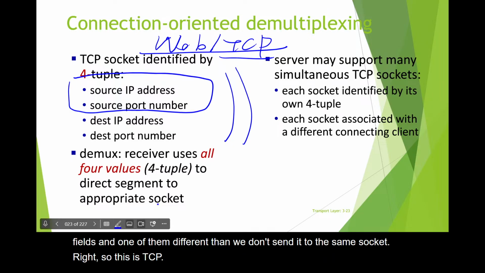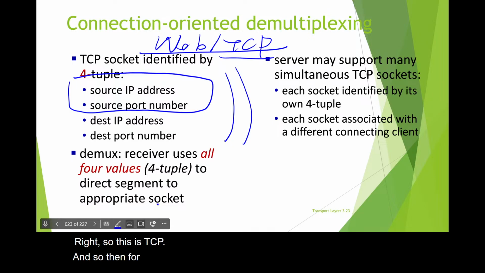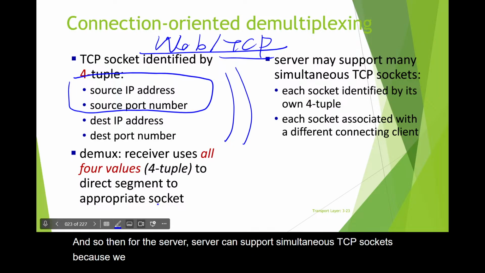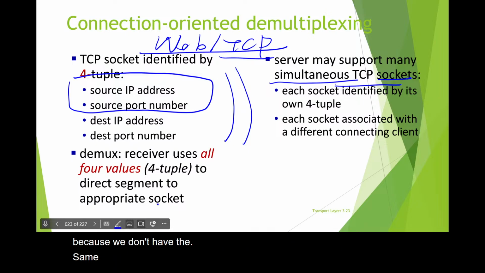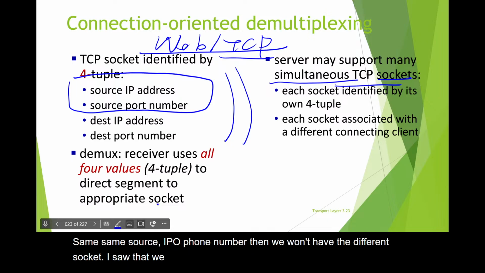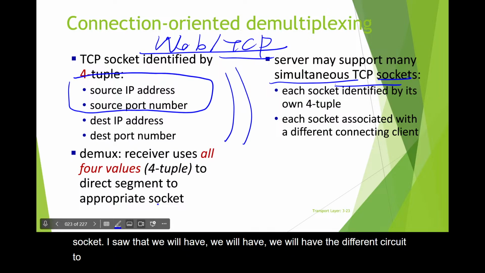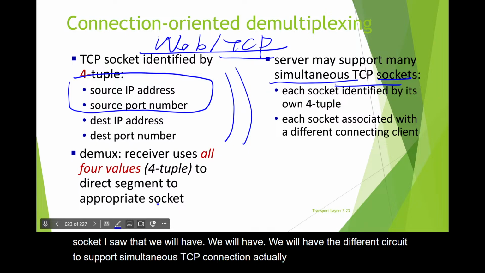And so the server can support simultaneous TCP circuits, because if we don't have the same source IP or port number, then we will have a different circuit to support simultaneous TCP connections.